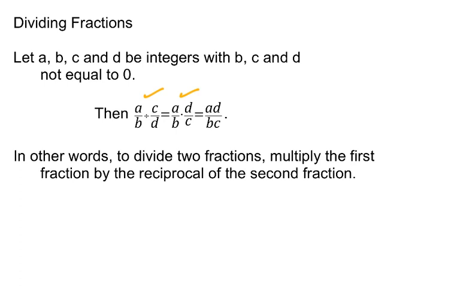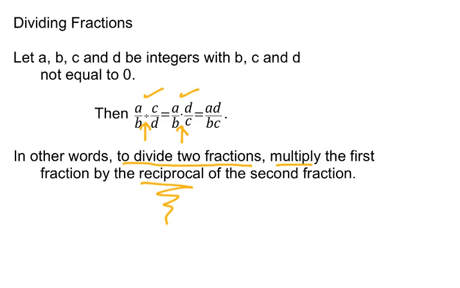Then once the division problem is converted to a multiplication problem, we simply multiply the two numerators and we multiply the denominators. Now in words, which is probably a little bit easier to work with, to divide two fractions, you multiply the first fraction by the reciprocal of the second fraction. Multiply the first fraction by the reciprocal of the second.